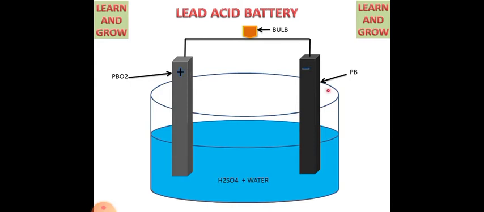Now here on this PbO2, positive charges are created, and on this lead, negative charge is created. Due to this solution mixture, a reaction is happening, and the 2 hydrogen and SO4 react with the water and with this lead oxide, and the hydrogen is removed along with the lead oxide.